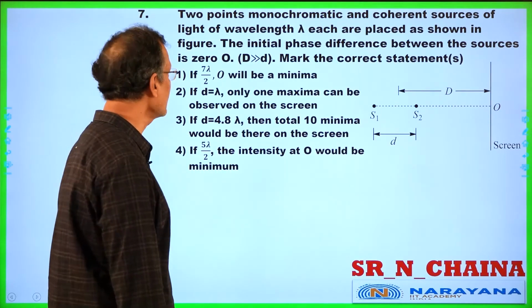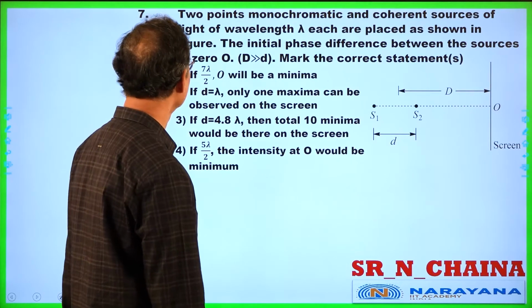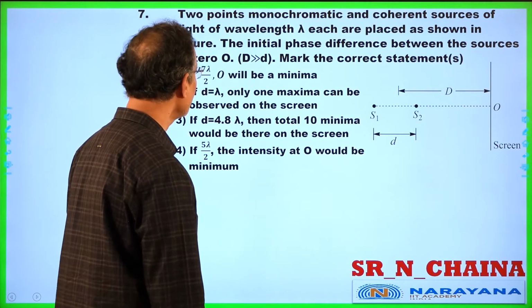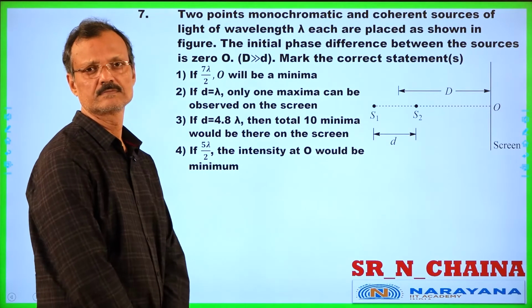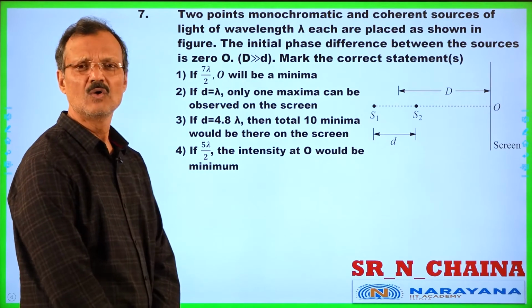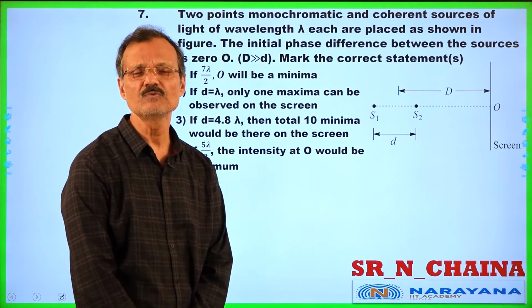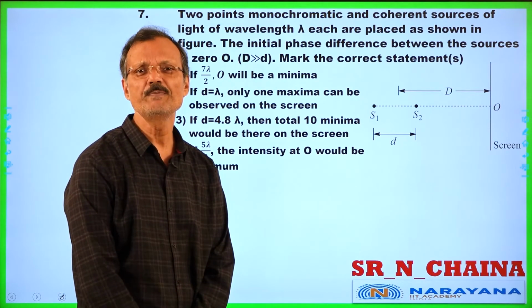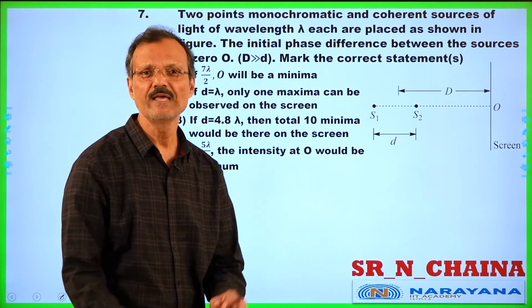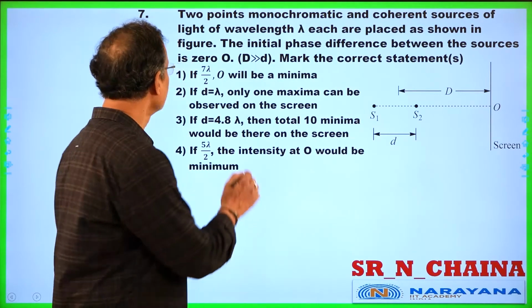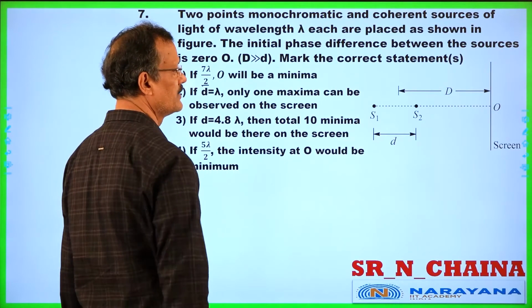So I am starting from number 1. If 7 lambda by 2, O will be minima. We know when the path difference between two coherent waves is an odd integral multiple of lambda by 2, we are getting minima. They have given you 7 lambda by 2.